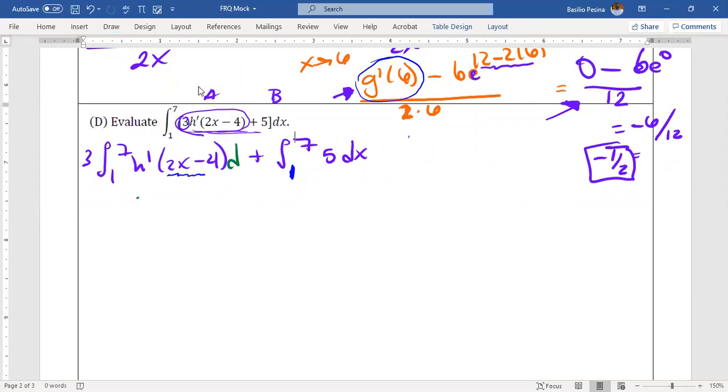Sorry, this is with respect to dx. This right here, guys, I recommend you use substitution, because if I derive it, it becomes a 2, and I can easily make it into 2. So use substitution, 2x minus 4. And if I derive this, I just get 2.